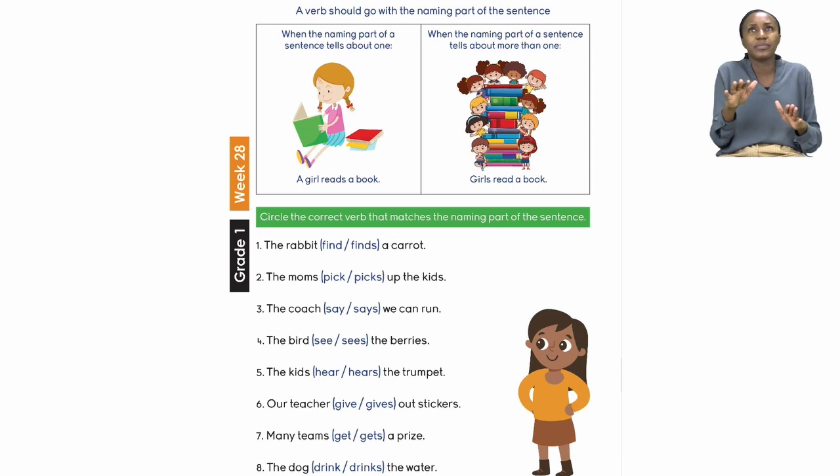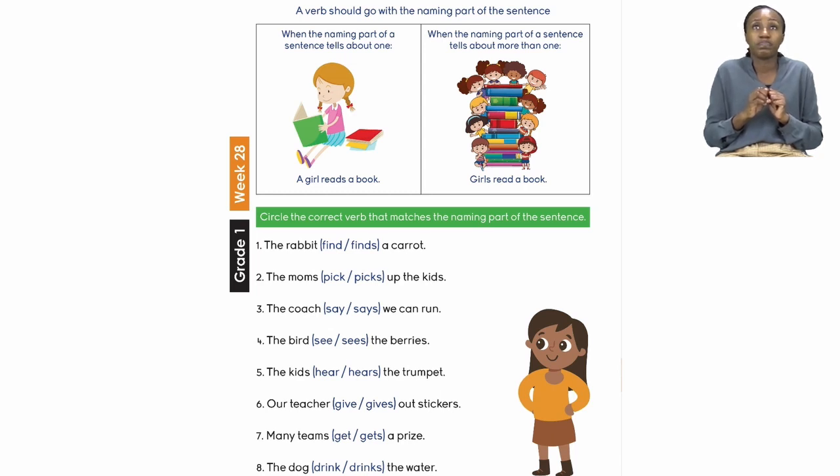But when the naming part of a sentence tells about more than one, so more than one girl is girls, girls read a book. Okay? So a girl reads, can you see at the end of the word there is an S, but more than one girl is girls, they read a book.